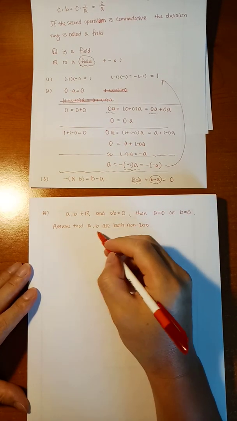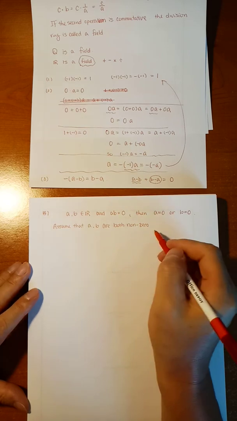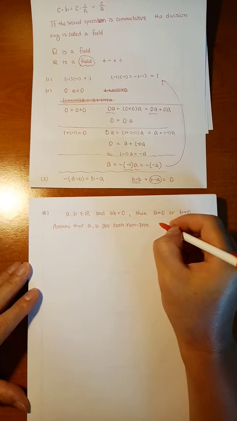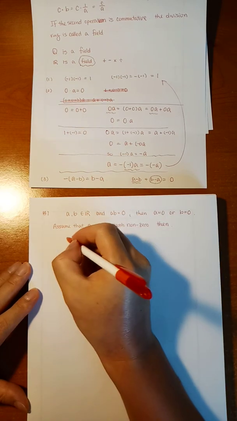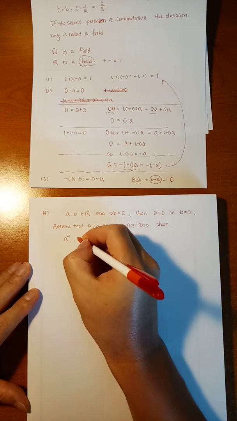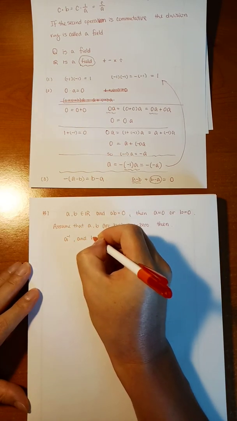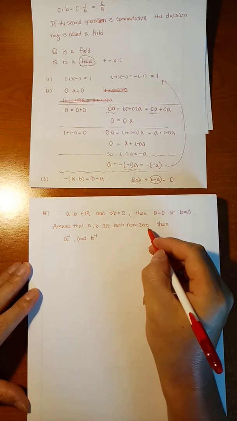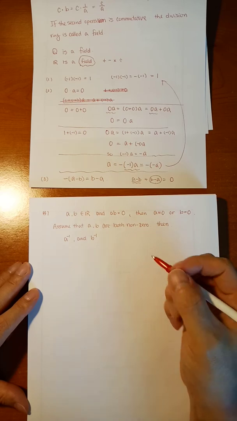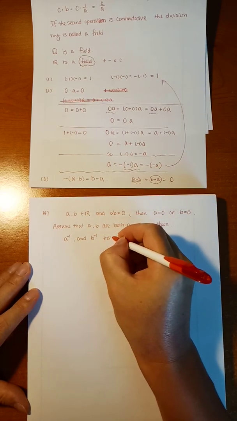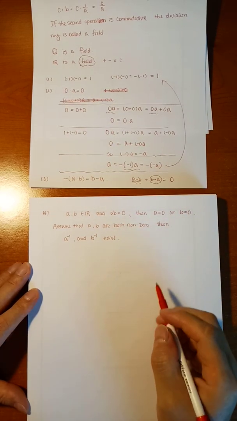If both A and B are non-zero, then we have A inverse and B inverse. For all the non-zero elements, the multiplication inverse exists. So they have inverses.